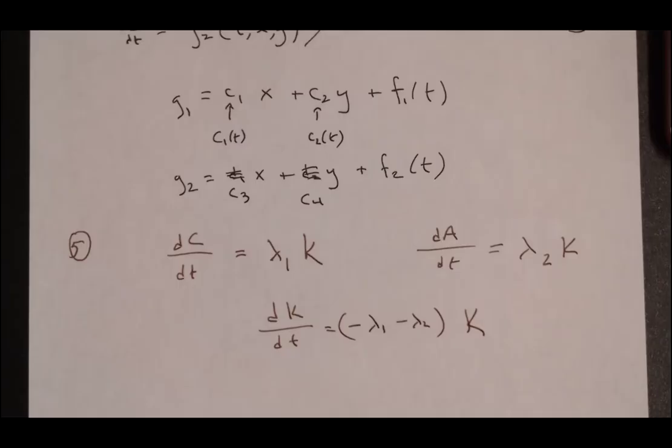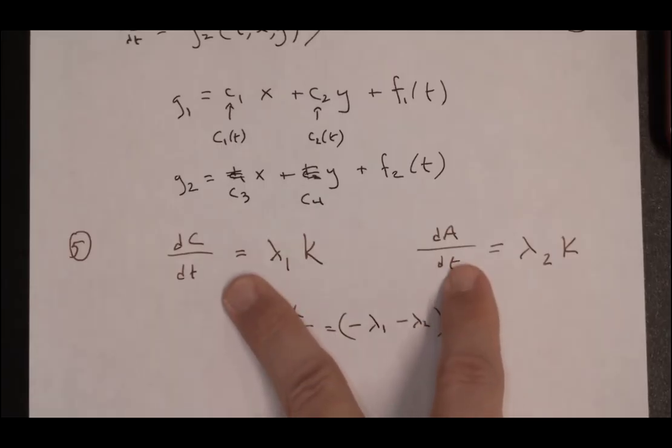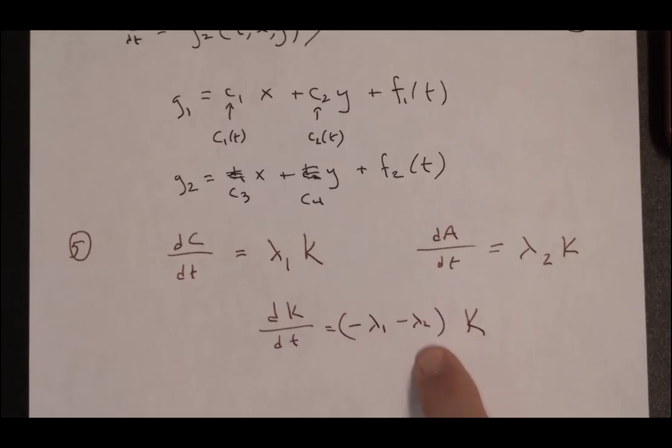You know the best part about this? This third equation right here, this is separable. It only contains one variable, K and T. These contain multiple variables, but this one only, I can solve this one explicitly and get a function for K, can't I?